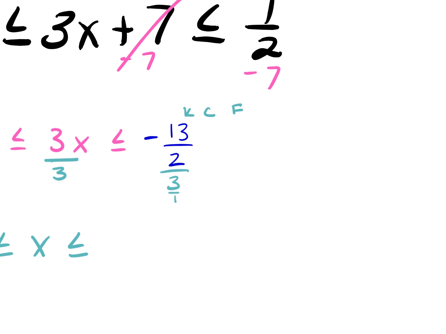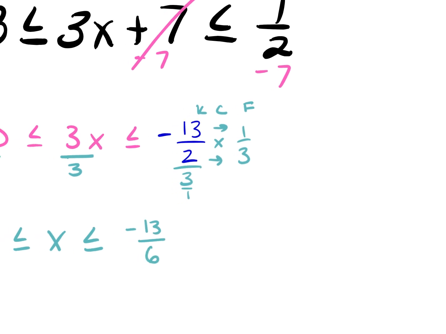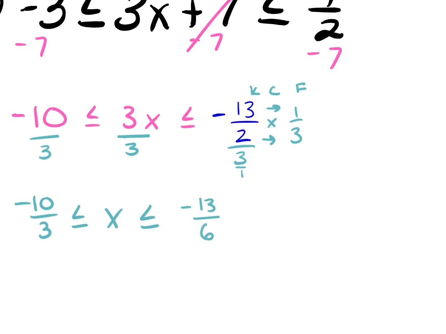So our denominator is 3 over 1. When we flip it, it becomes 1 over 3. And how do we multiply fractions? Straight across. So we'd get negative 13 over 6. So if you have a fraction and a fraction, keep, change, flip. Keep the top, change to multiplication, flip the bottom.